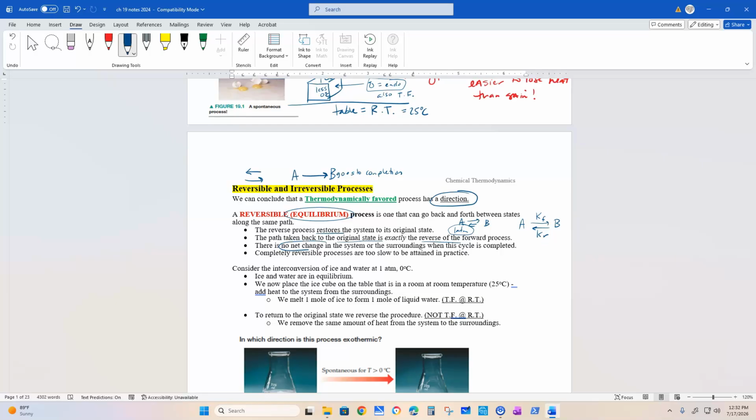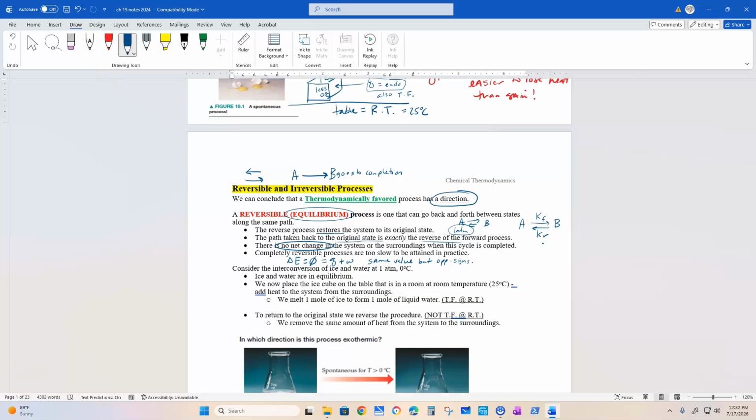There is no net change, which means your delta E is 0. So if your delta E is 0, and we know delta E is Q plus W, that means they're the same value, but opposite signs. Okay, so one's just positive, the other one's negative. Okay, there's no net change between the system or the surrounding when the cycle is complete.